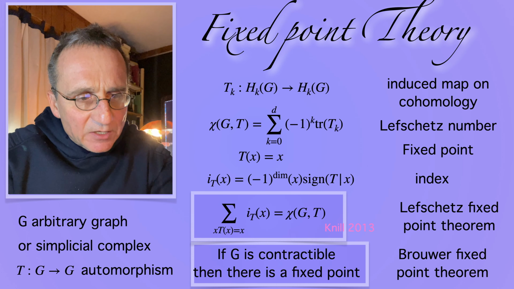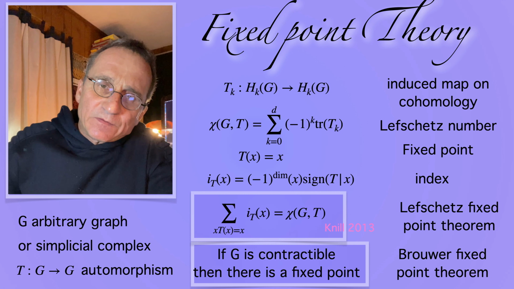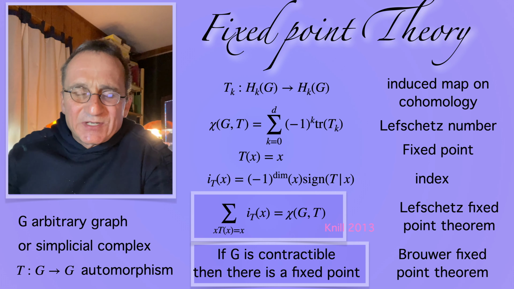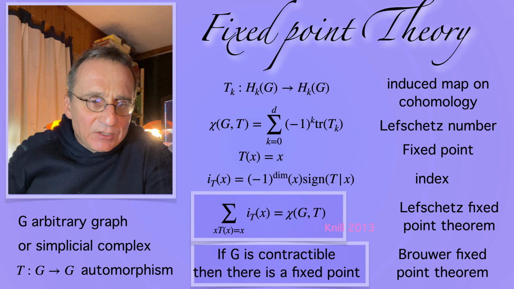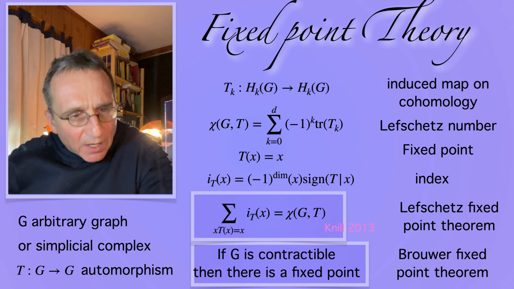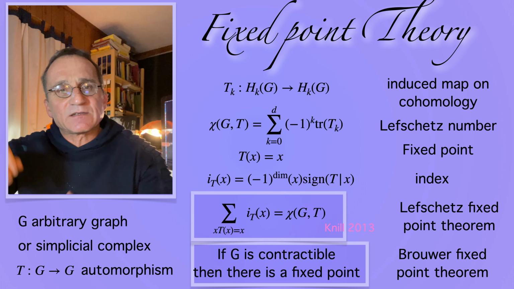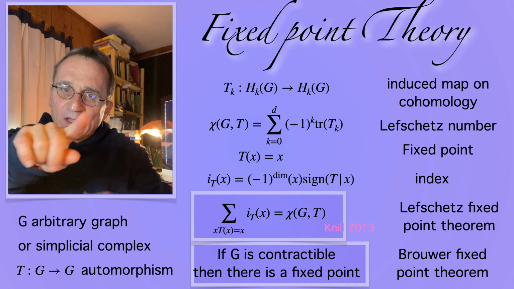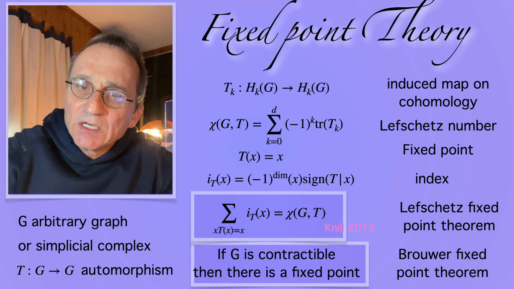So here's the theorem. You have an automorphism of the graph, and then you have the induced map on the cohomology groups, which is just the kernel of these Hodge matrices. And then you have the supertrace, which is the alternating sum of these traces on the individual blocks. And you have the fixed points, and every fixed point has an index, which involves the dimension of the simplex, and also the permutation induced on the simplex.